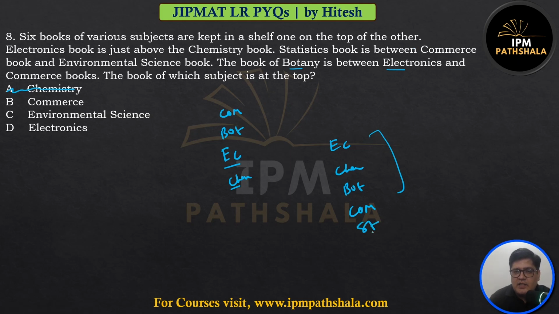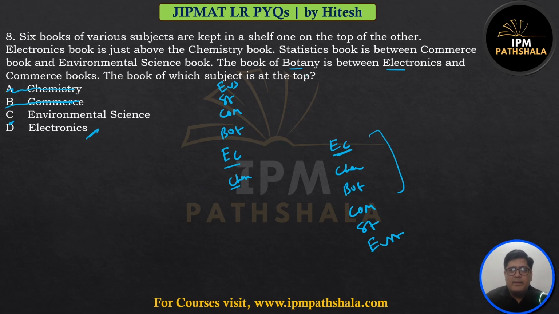So statistics and environmental studies. So there are two possibilities. So topmost could be either electronics or topmost could be environmental studies, definitely not commerce. So there is some other hint that we are missing, which will give us a definite answer.